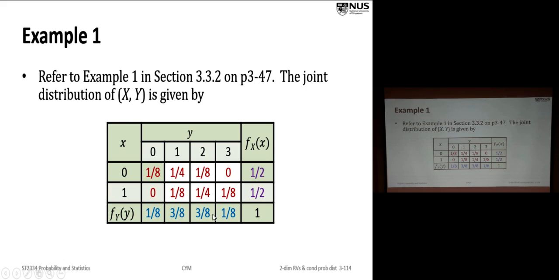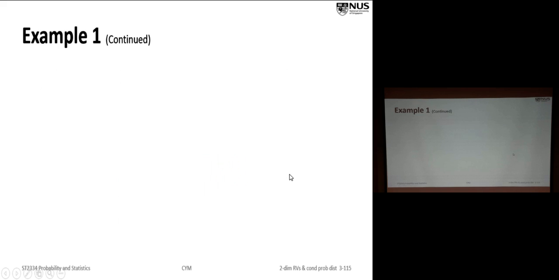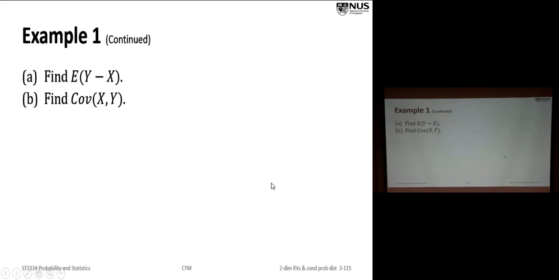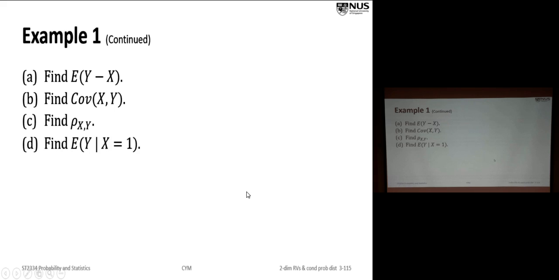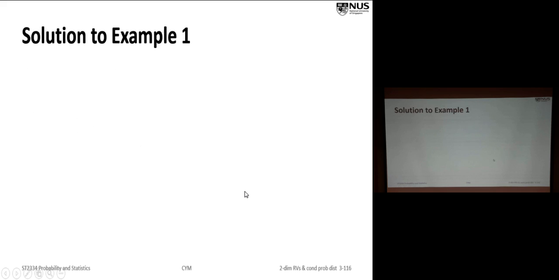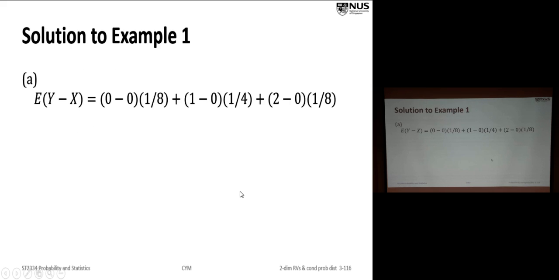So this is the joint PDF. We work out the expectation of y minus x, the covariance of x and y, the correlation of x and y, and the conditional expectation of y given x equal to 1. So this is a function of x and y.